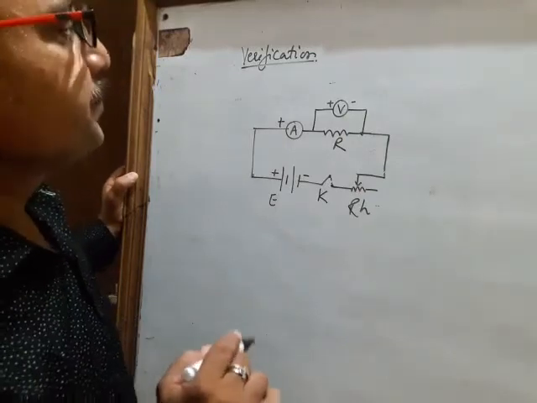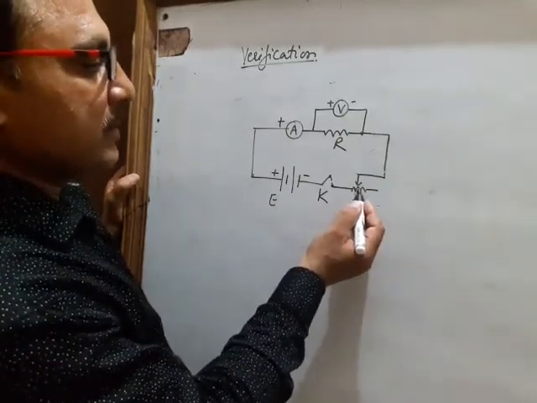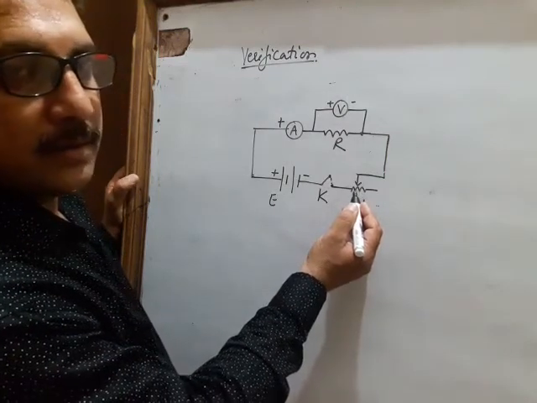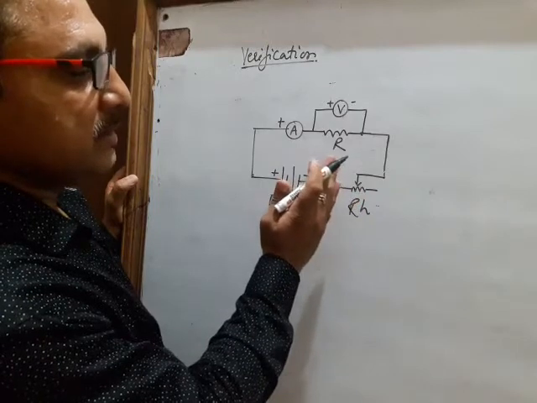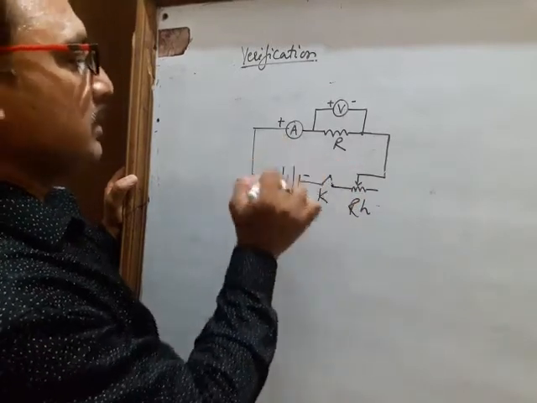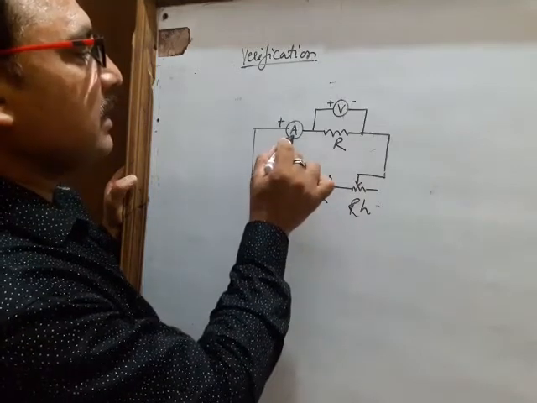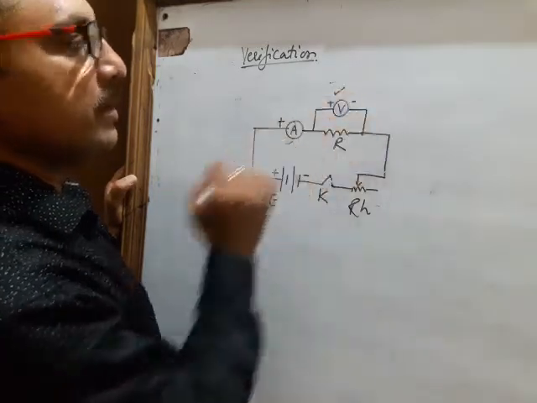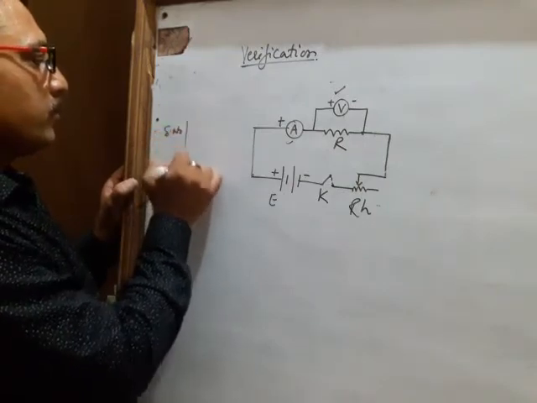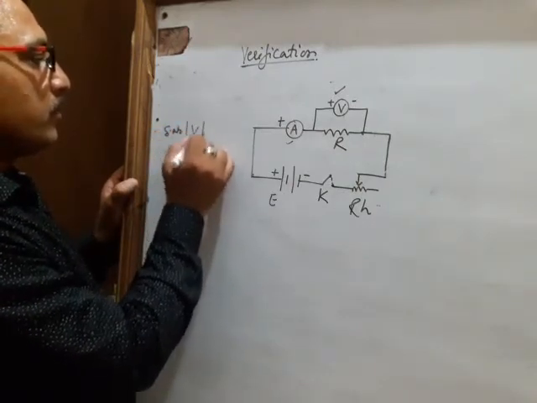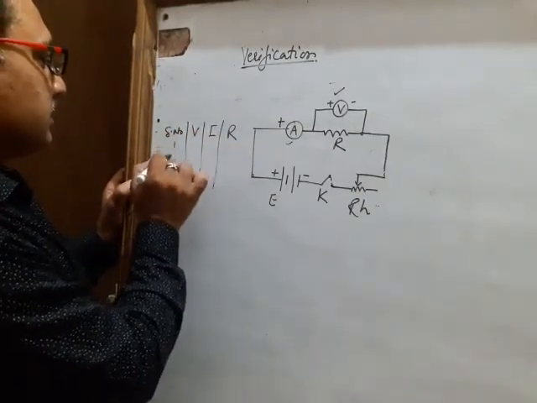Now what you do, you set the rheostat first of all to the initial point, the starting point. Now switch on this key, and see the readings in the ammeter and voltmeter. So you can draw one table. This is the serial number.